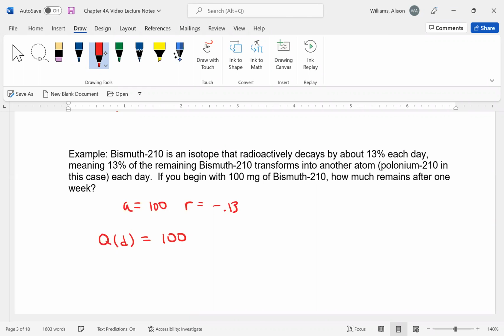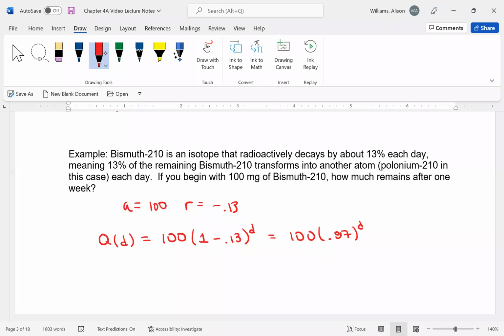So that's 100 times 1 minus, or plus negative, sorry, minus 0.13 to the D, or 100 times 0.87 to the D. In other words, 87% remains after each day. That's where the 87 is.